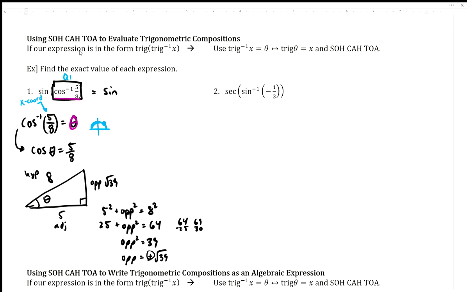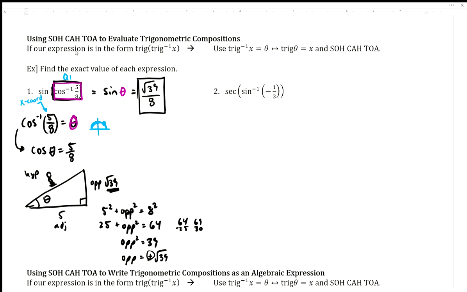We said that this whole thing is theta right here in this equation. So we have sine of theta left over once we change it. We do all this right triangle work to get this information so that we can solve for sine of theta. Now we can still use SOHCAHTOA, opposite over hypotenuse. So square root of 39 over 8.